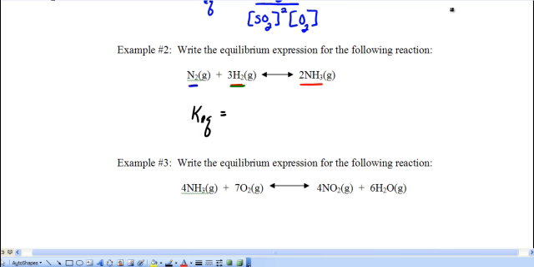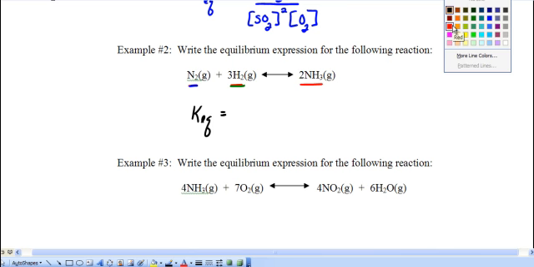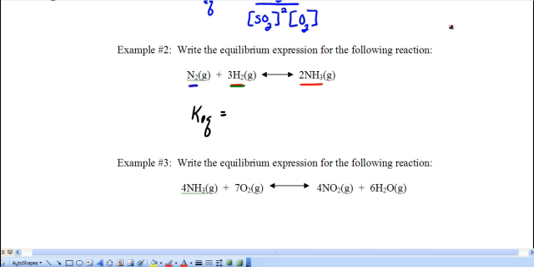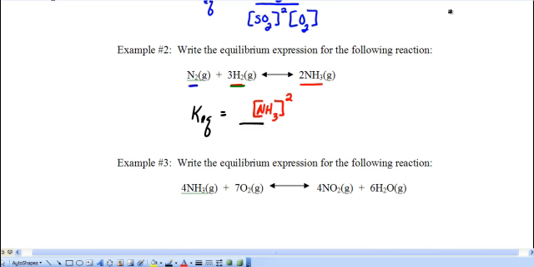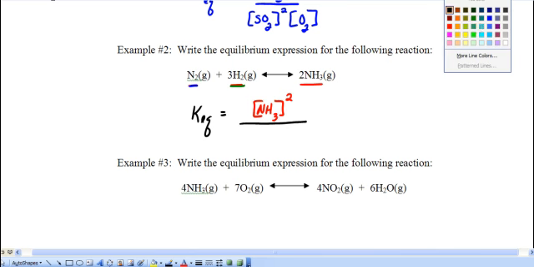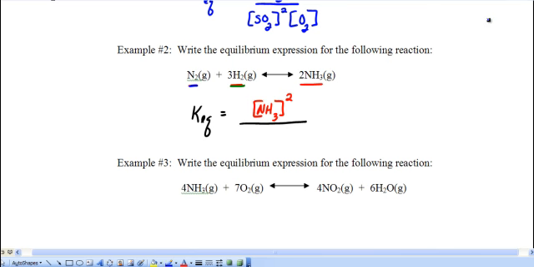So KEQ is going to equal the products raised to their coefficients' power divided by the reactants raised to their coefficients' power. Well, there is only one product in this case, the ammonia, the NH3, and that's going to be squared, divided by each reactant raised to their coefficients' power.